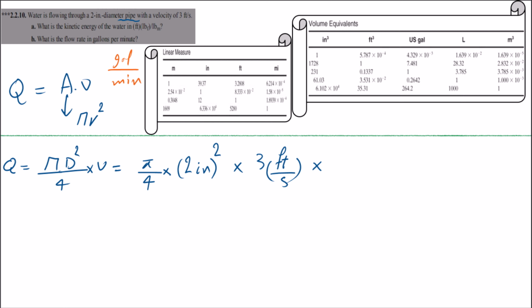Let's convert second to minute. You know that 1 minute is 60 second. So second will be removed and the minute created. But how about gallon? You know that we must have gallon in the numerator, and if we use this, you will see that we must convert foot to inch. So in this case, we can use this part, or instead we can use this linear measure and convert inch to foot.